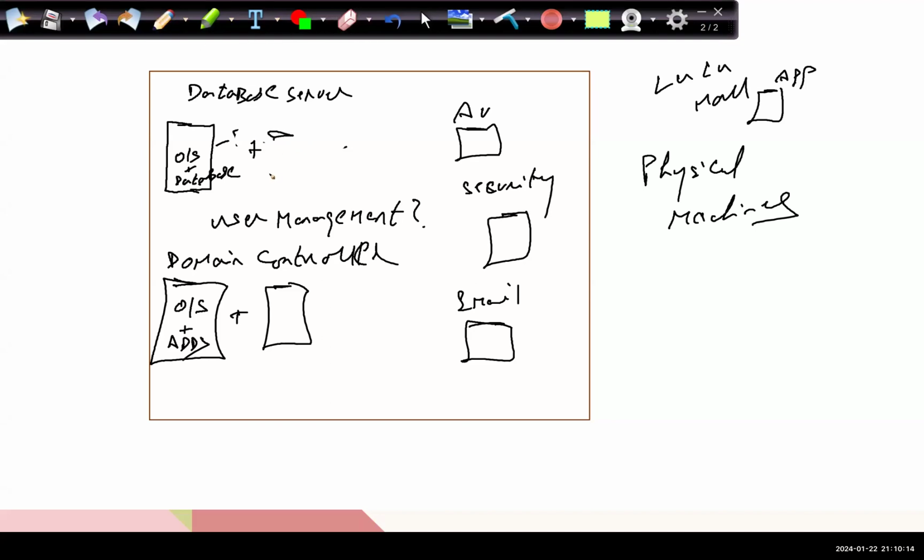The list goes on. At this stage, let us stop and think that we just need these machines. We need an Oracle machine, we need a DC, we need antivirus, we need security, right? We need Exchange. Let us talk about this, right? Let's say we are going to go to market now. We're going to buy this, right?